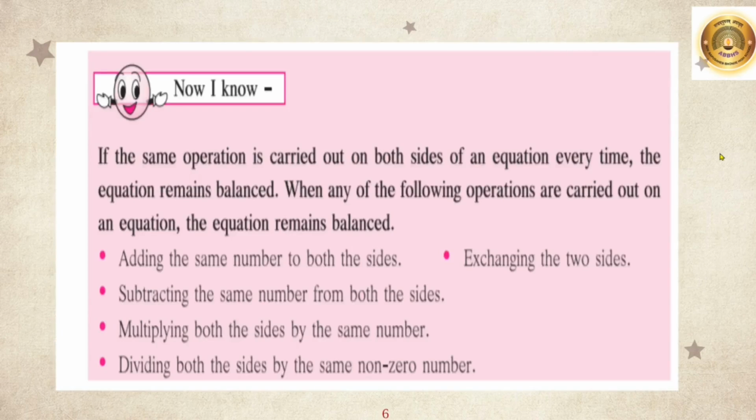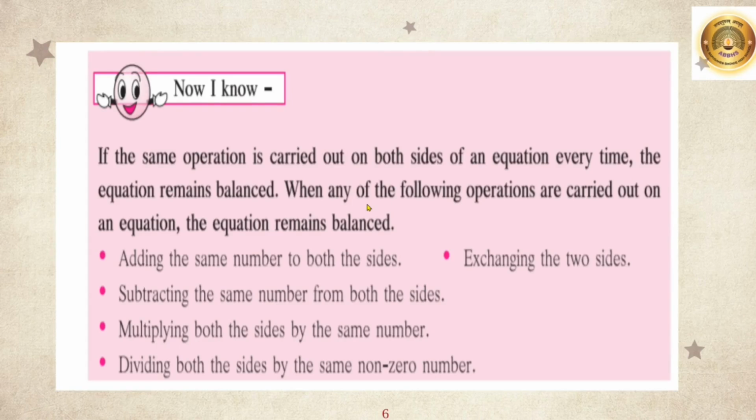To solve an equation, we carry out the same operation on both sides of the equation every time, so that the equation remains balanced. So whatever we do to the left hand side, we have to do to the right hand side also. When any of the following operations are carried out on an equation, the equation remains balanced.